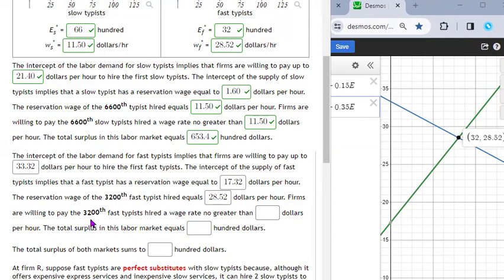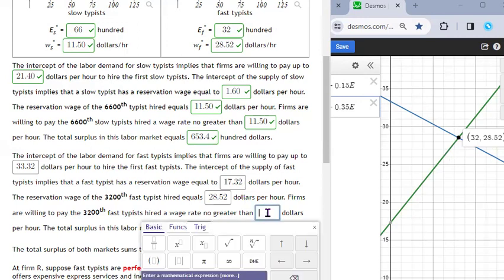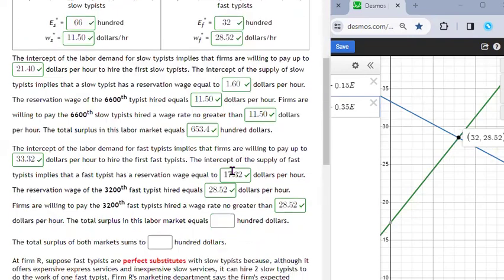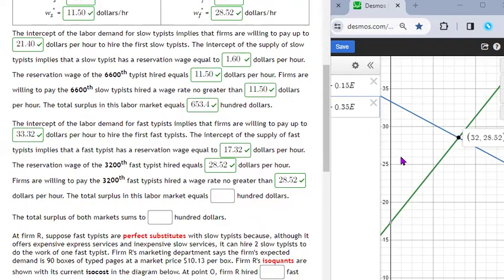Firms are willing to pay that last fast typist hired a wage rate no greater than what? Well, you can't get higher than the labor demand curve here at 28.52. So again, the marginal fast typist and the marginal firm hiring fast typist set the market wage. Now, again, we have to calculate the surplus.